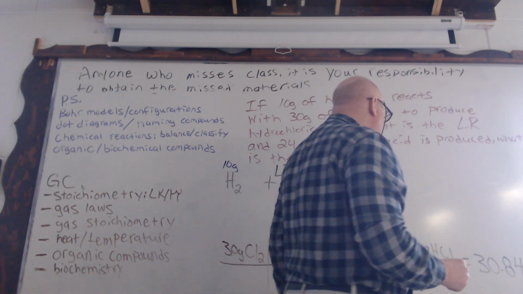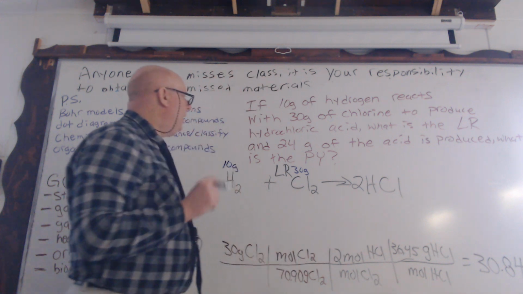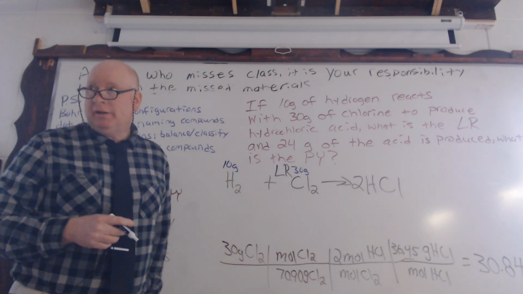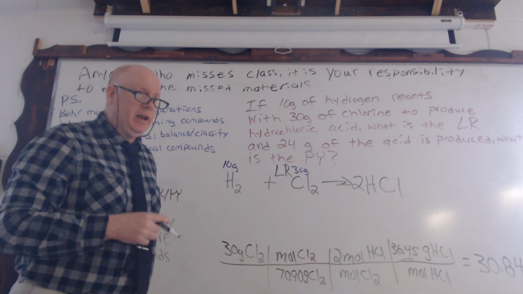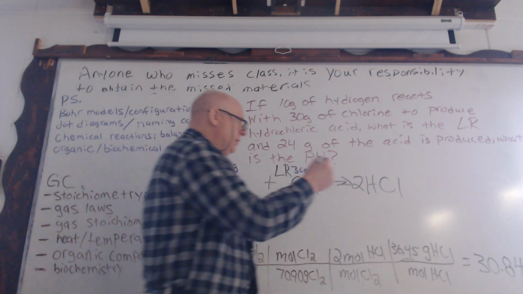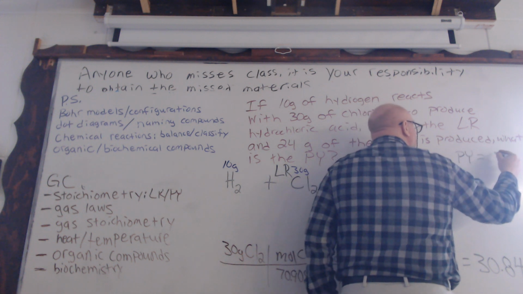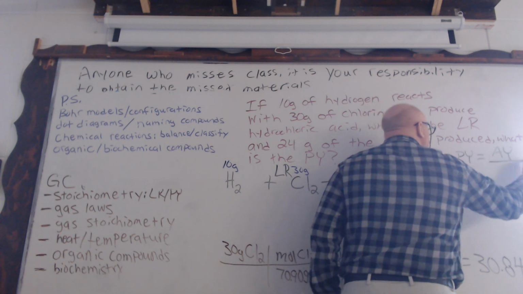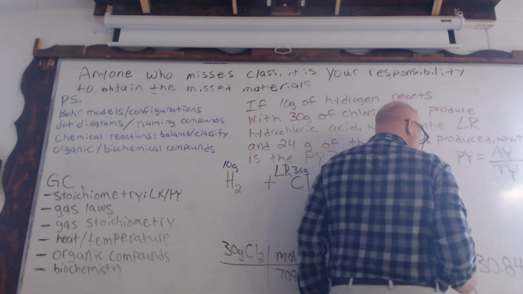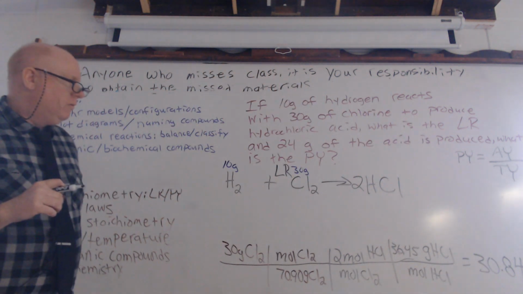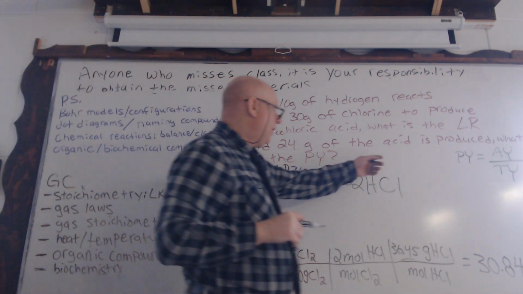Okay. Now, on pencil and paper, which yield are we calculating? I know it was a long time ago, but remember we have this formula, our percent yield equals our actual yield over our theoretical yield. On pencil and paper, it can't be this one because that's what we're asking for.